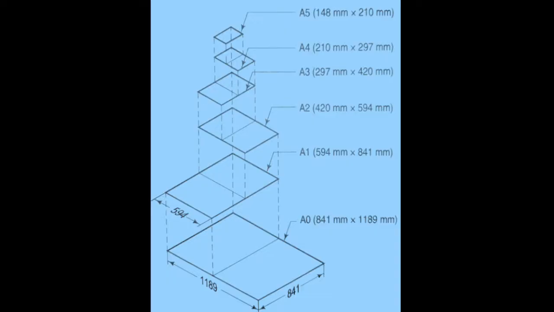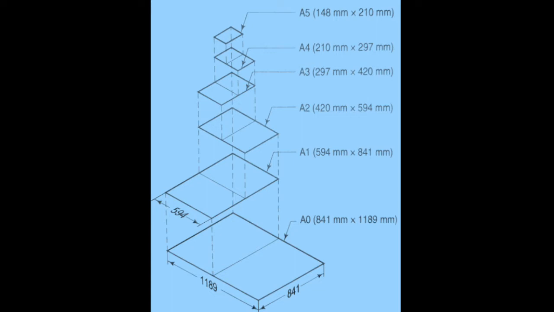Next, see the drawing sheets or drawing papers. We have 6 standard sizes of drawing sheets from A0 to A5. What are the dimensions of A0? 841 mm by 1189 mm.